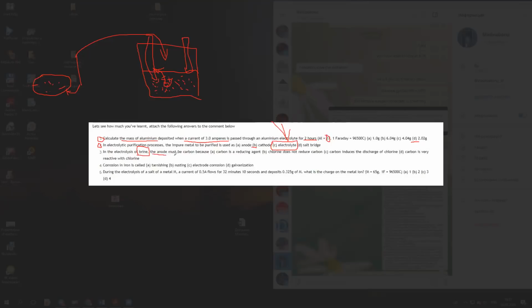The anode must be carbon, because here you provided four reasons, and you have to choose only one of them. Okay.